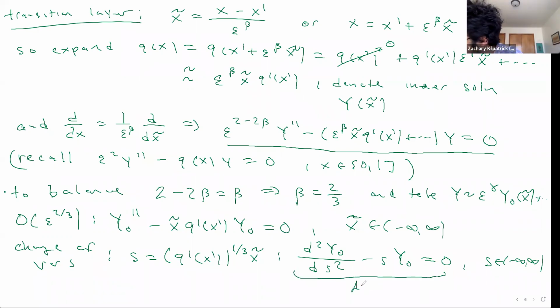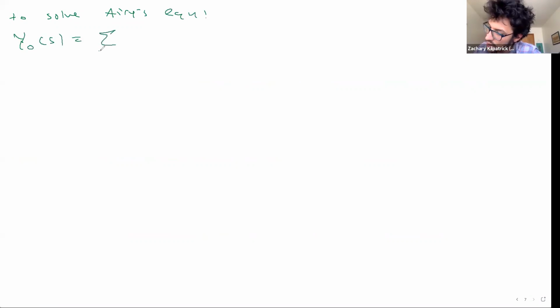So this is Airy's equation. And we'll just sort of do a power series method in order to get these Airy solutions. So to solve Airy's equation, we're going to go ahead and take y0 of s is equal to the sum from n equals 0 up to infinity of an s to the n.